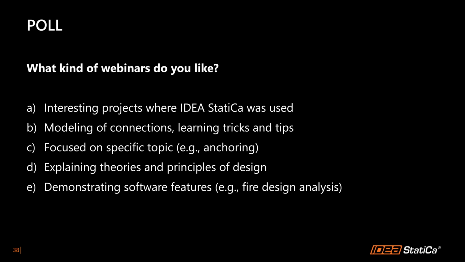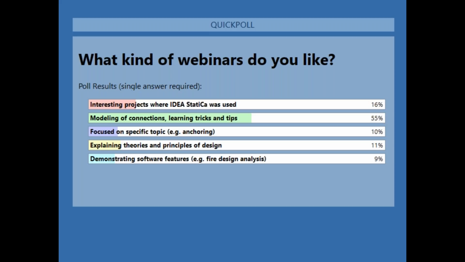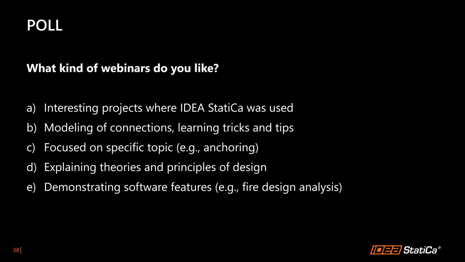Let's have a look. So we can see the results there. So the winner is Modeling of Connections, Learning Tips and Tricks. Well, certainly you've learned a lot here today, which is why you're here. Excellent. So let's go back to the presentation.